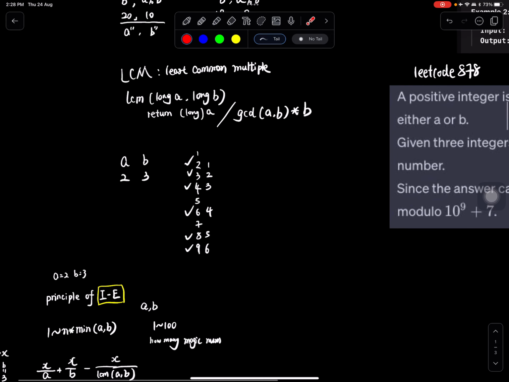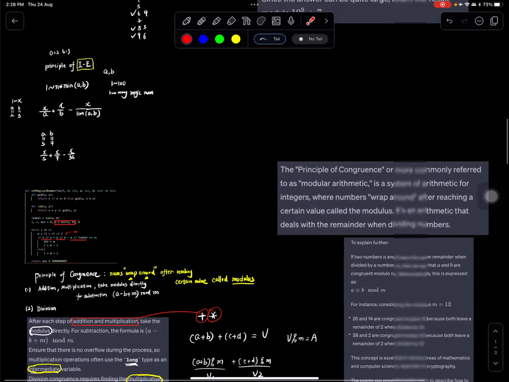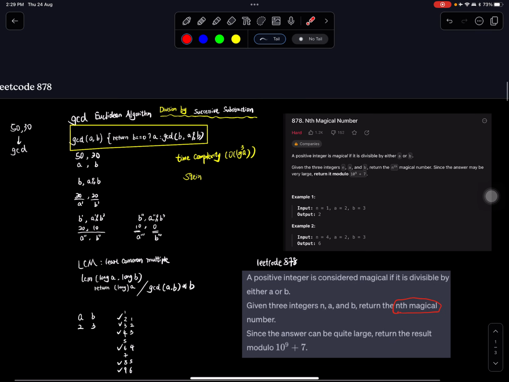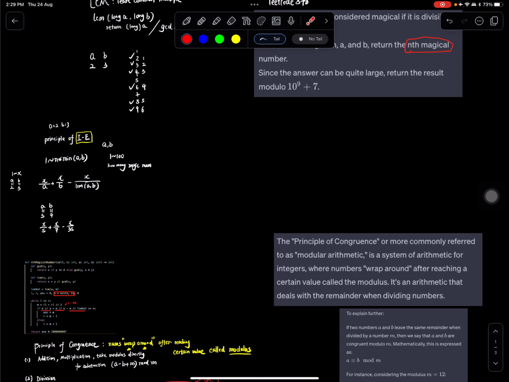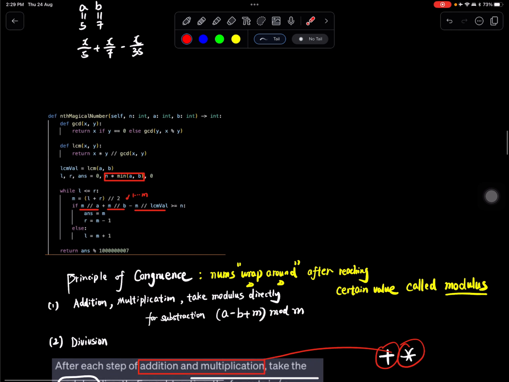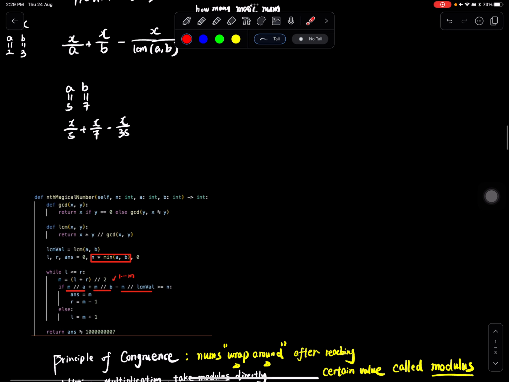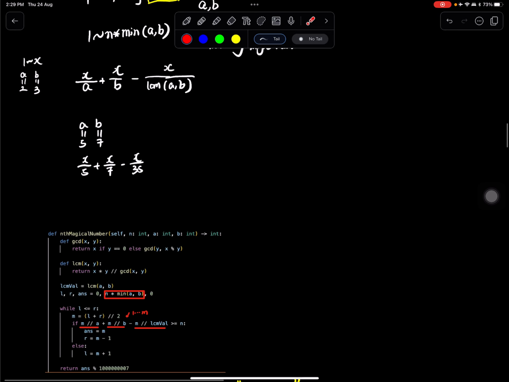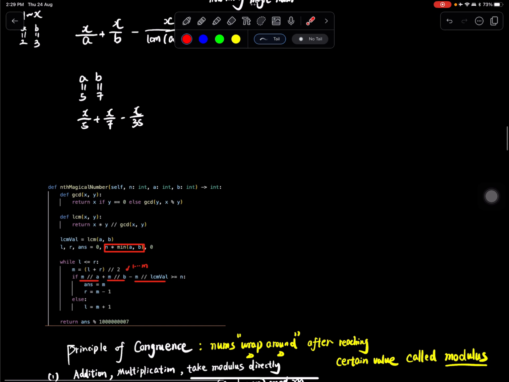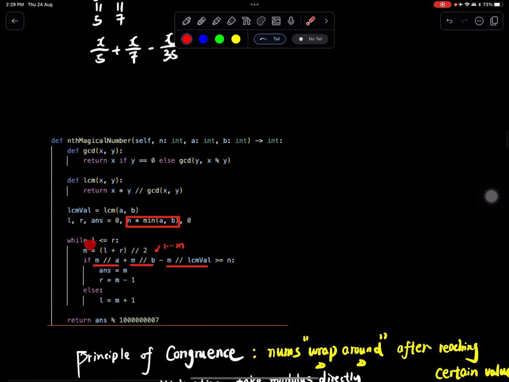It is between the minimum of A and B, multiplied by N. You won't go beyond this range: you take the smallest number and multiply by N. Then you get L and R.